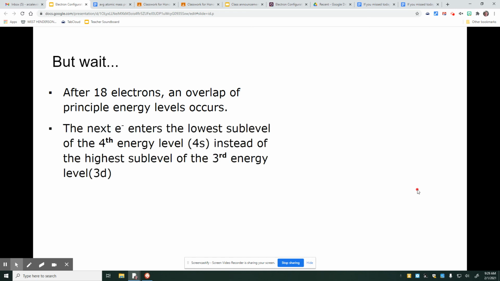And so after you fill 3p, the next electron that's going to enter will enter into the 4s orbital instead of finishing up that third energy level by putting it in 3d. The reason for this is that electrons are lazy, and because it's easier to put an electron in 4s, that's what it's going to do.